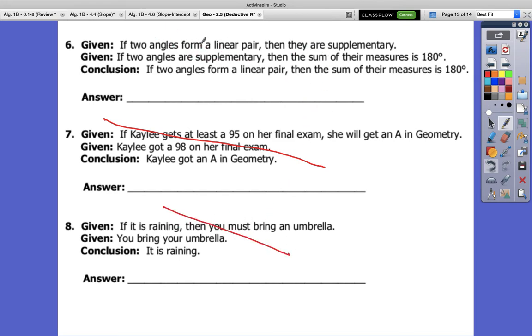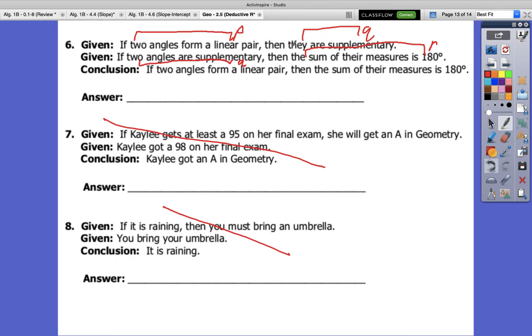If 2 angles form a linear pair, then they are supplementary. 2 angles form a linear pair, that's P. They are supplementary, that's Q. If 2 angles are supplementary, hey, that's Q again, then the sum of their measures is 180 degrees. The sum of their measures is 180 degrees, that's R. So far this looks like it's set up for the law of syllogism.